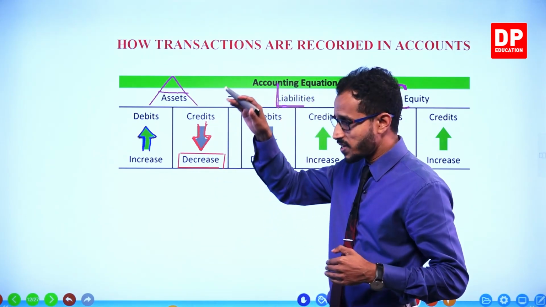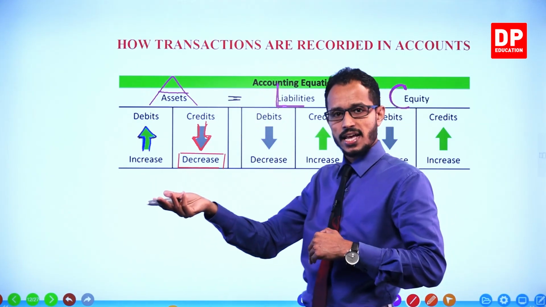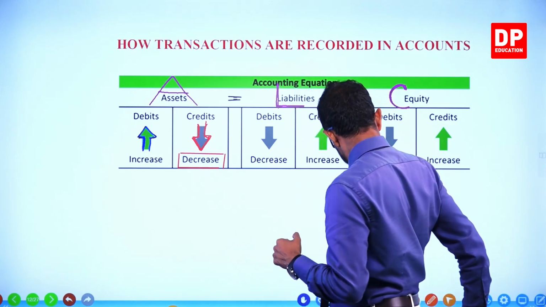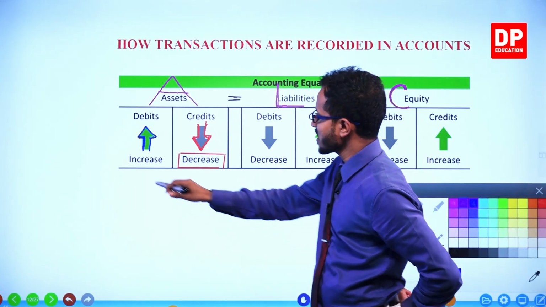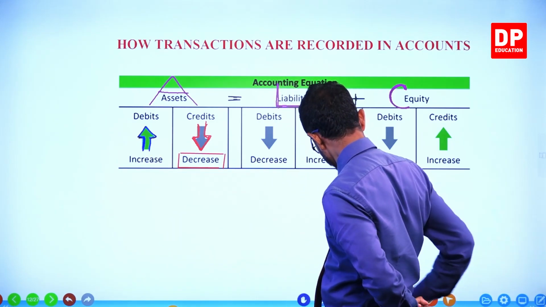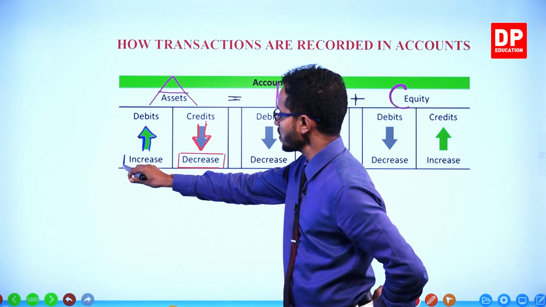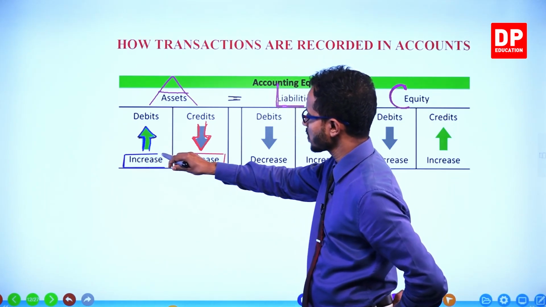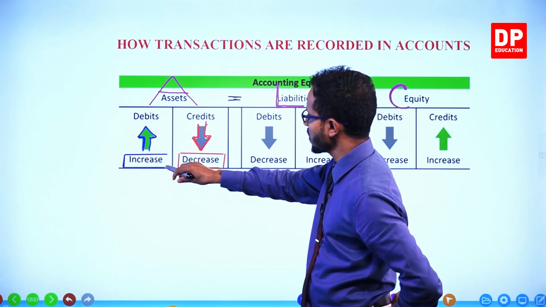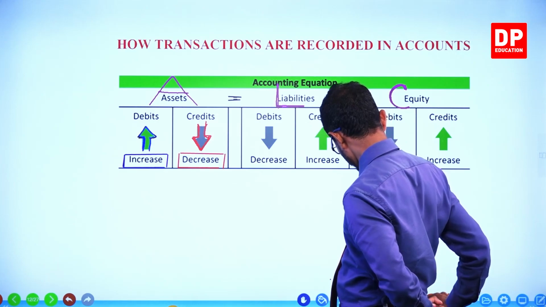If an asset value decreases, it always goes to the credit side. And if an asset value increases, it always goes to which side? Debit side. Okay.